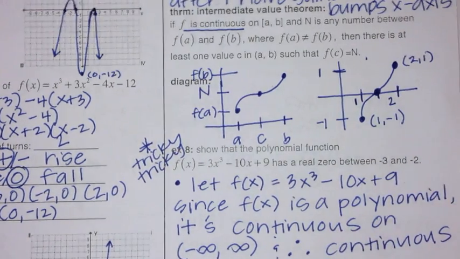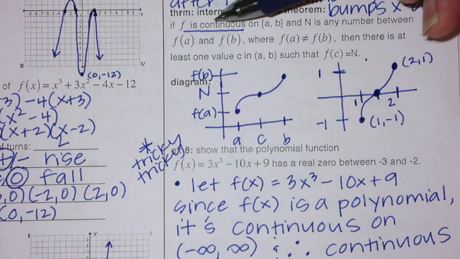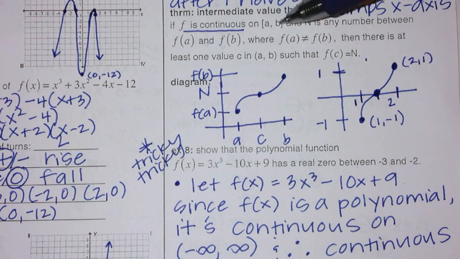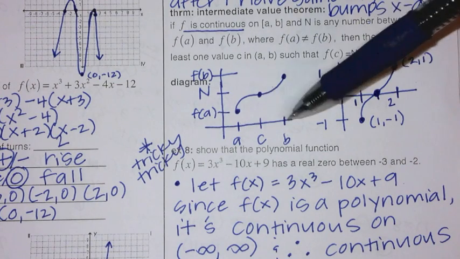And you might be wondering, what the heck, why did we even have to write that? So back up here at the top, whenever you're using a theorem, you need to meet all the conditions of the theorem. So the first condition is that f is continuous on [a, b], and a and b represent the two values right here.